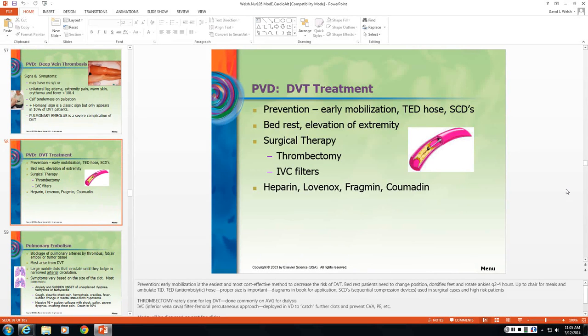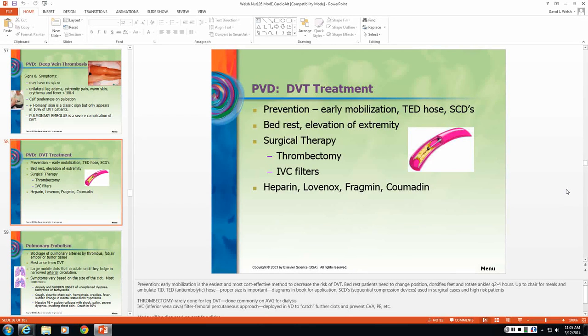So treatment, you want to do prevention, so you're going to do early mobilization, TED hose, SCDs. Bed rest patients, you need to change the position, dorsiflex the foot and ankles every 2 to 4 hours. This is prevention.